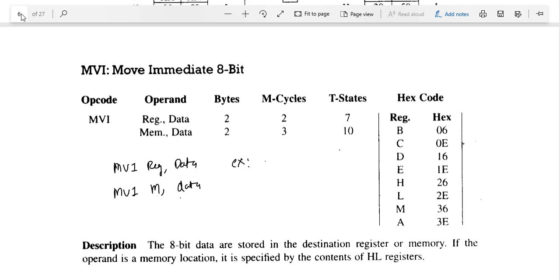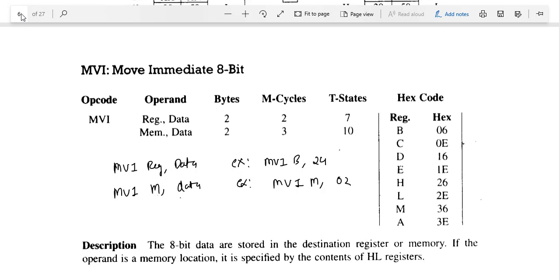In the first case, the example will be MVI B comma 24, which moves the data 24 to the B register. In the second case, the example will be MVI M comma 02, which will move the data 02 to the memory location that is indirectly specified.